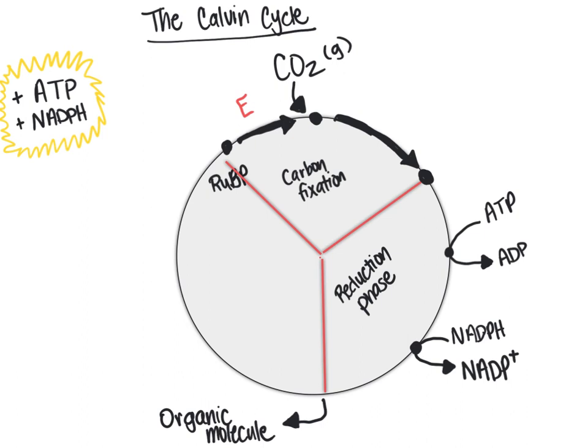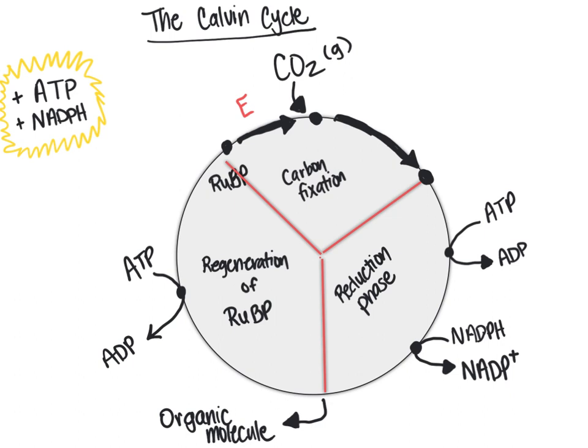And that last phase is known as the regeneration of RuBP. And this process requires ATP as well. So ATP will phosphorylate the substrates of this portion of that biochemical pathway in order to get the RuBP needed to start the next turn of the Calvin cycle.